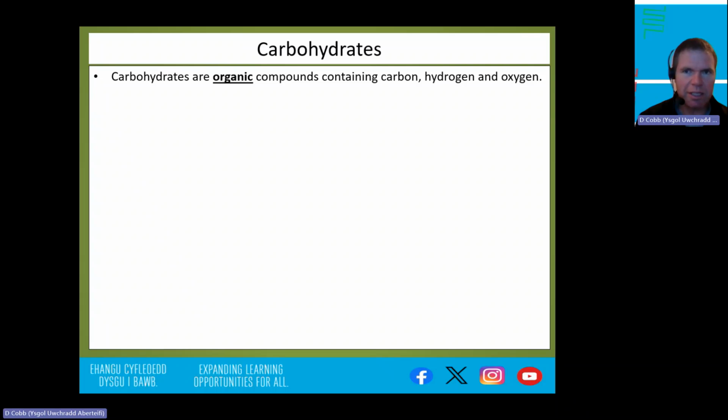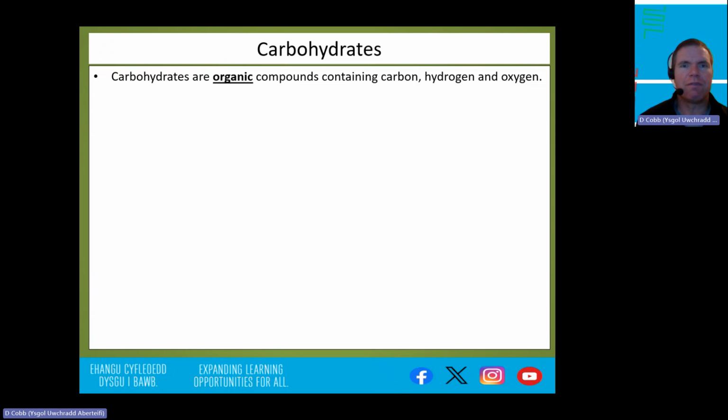So it must contain carbon and hydrogen, and the number of carbon and hydrogen atoms must comprise over 50% of the total number of atoms present. Usually it's pretty straightforward what's organic, because you're going to see a lot of carbon and hydrogen there.